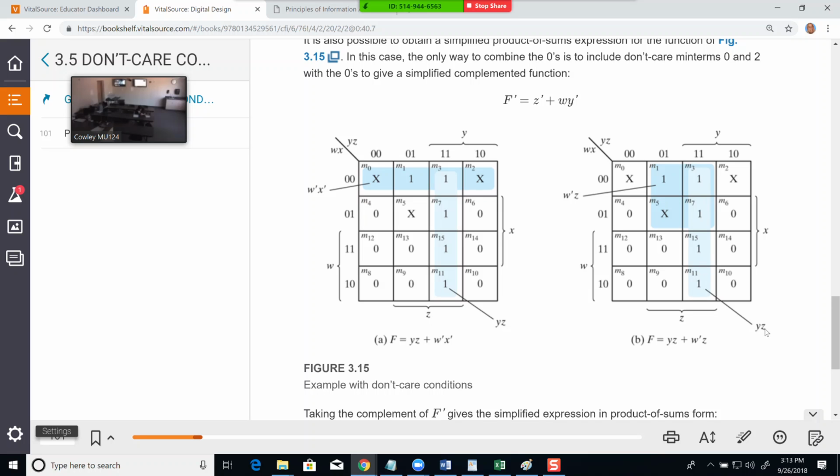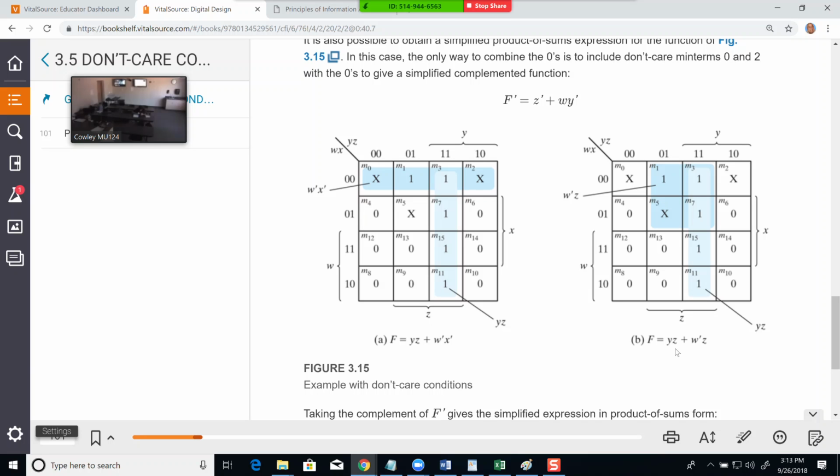These right here, though, if I come over to the side, W is equal to 0, W is equal to 0. That's where they get the W prime. And then if you come up here, what's the same for the columns of this square? Z. Z is equal to 1, Z is equal to 1. That's where they get the Z.